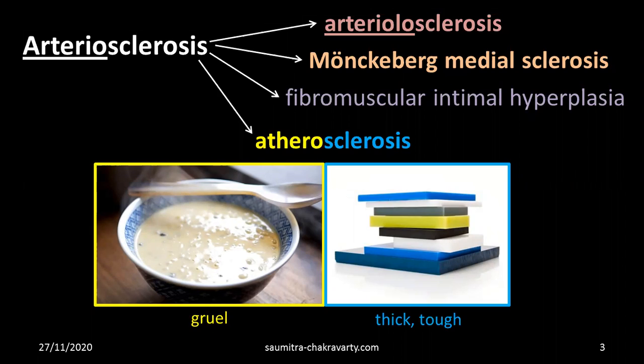This looks like some semi-solid, thick, soupy thing, gruel, and if an atherosclerotic plaque is sectioned, sometimes you can find this kind of gruel-like material. So that is atherosclerosis. We'll come to what this semi-solid, disgusting material is made up of later.